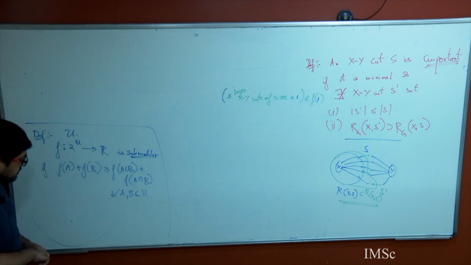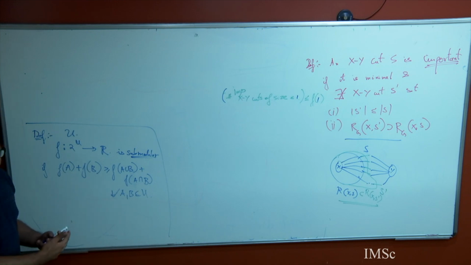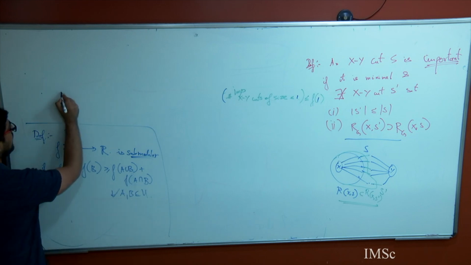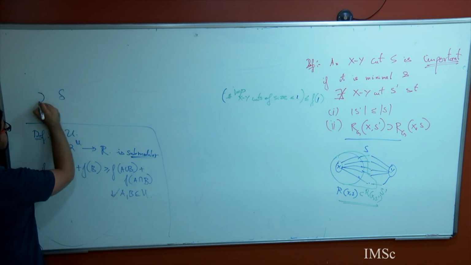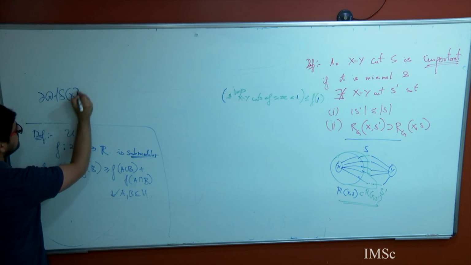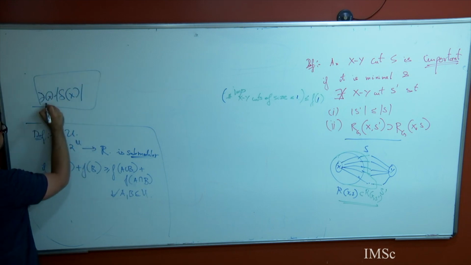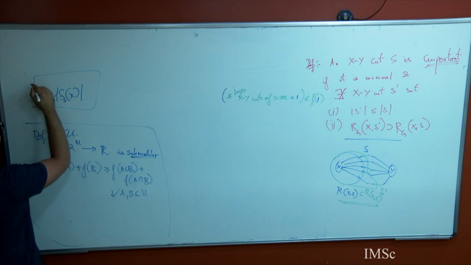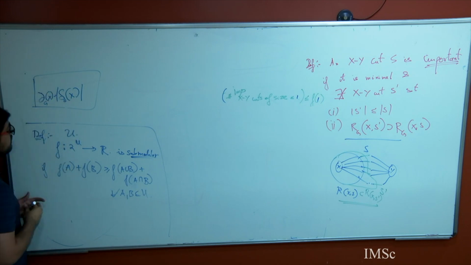Now, why are we talking about this? When you're dealing with cuts in graphs, this is very crucial because the cut function in graphs is submodular. If you remember, I defined dou of x equals, and this is just to make sure we talk about a specific graph.